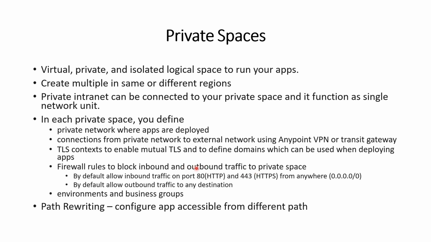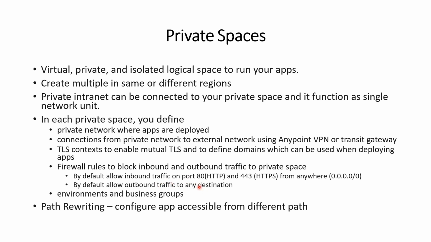So incoming traffic can have a firewall rule, and outgoing traffic also can have a firewall rule. By default, CloudHub 2.0 supports port 80 for HTTP and 443 for HTTPS, and the traffic can come from anywhere. But you can configure the firewall rule for incoming traffic. For example, you can only accept the HTTPS traffic.